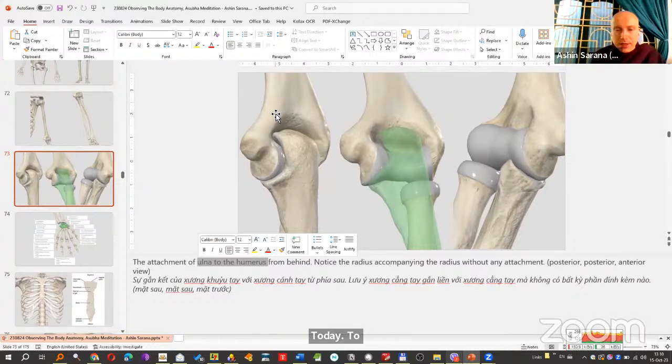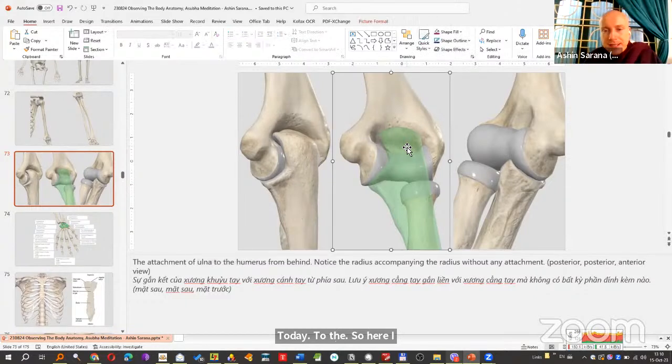So here I have faded the bone of the ulna so that you see what's actually behind. You can see it's almost the same picture, except here we can see that the ulna is transparent.